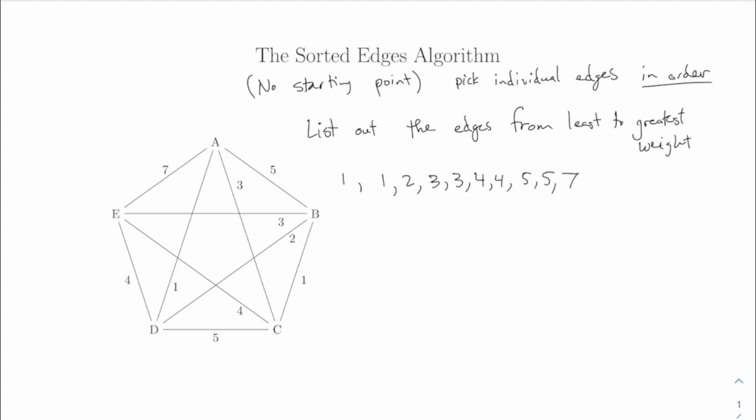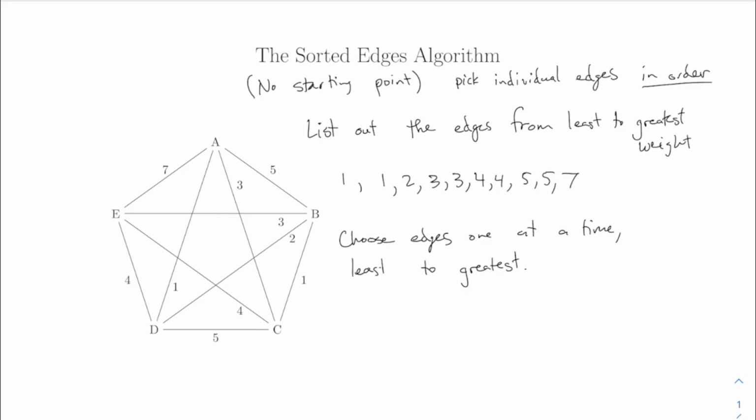And then the way to do this is I'm going to choose which edges I want to use in my circuit. So we choose edges one at a time, from least to greatest. And like I said before, you do not try to pick edges which go from one to the next.